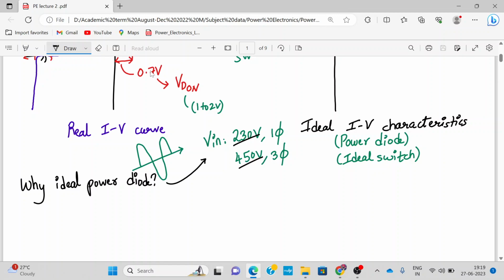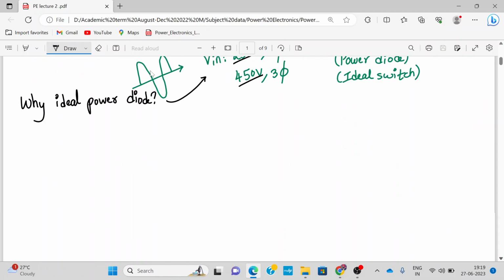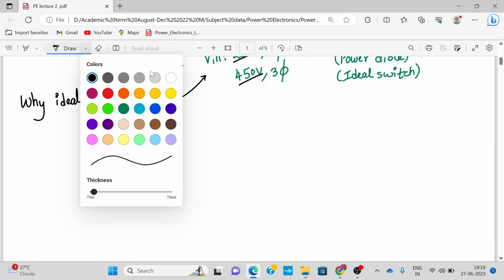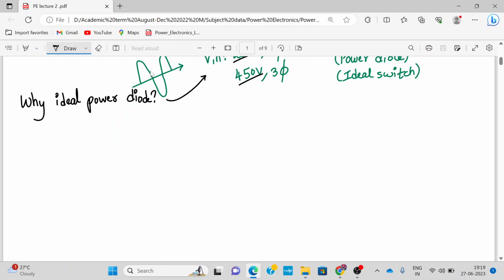So let's talk about the full wave rectifier. We have learned about the full wave rectifier in literature. So what's the output waveform for a full wave rectifier? It looks something like this. This is my V out.